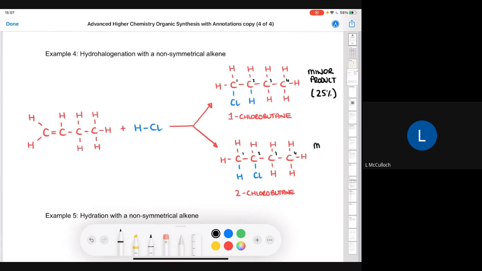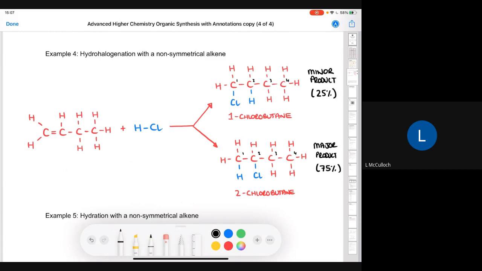And the major product is the 2-chlorobutane. And what we'll be doing in tomorrow's lesson is we'll be looking at why. Because a 75-25% split is far too much to be just chalked down to coincidence.